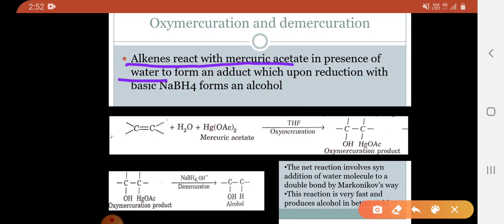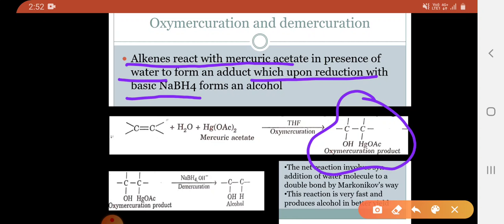First an adduct is formed, the oxymercuration product, which upon reduction with basic NaBH4 forms an alcohol. So this reaction happens in two steps. The first step is oxymercuration, wherein an adduct is formed, and that adduct, in the reduction by NaBH4, leads to the formation of an alcohol.